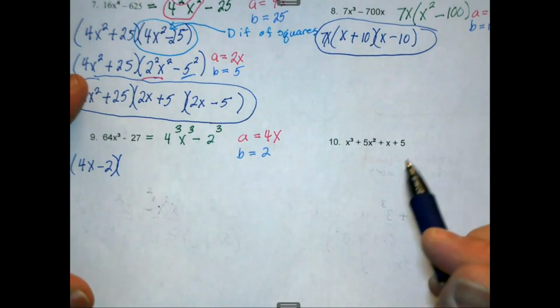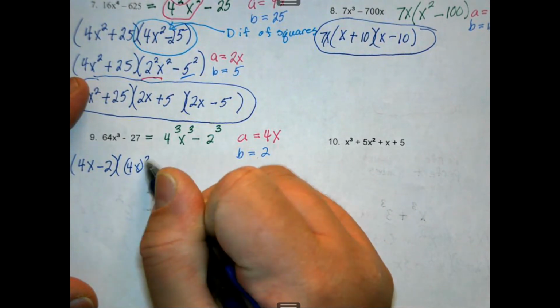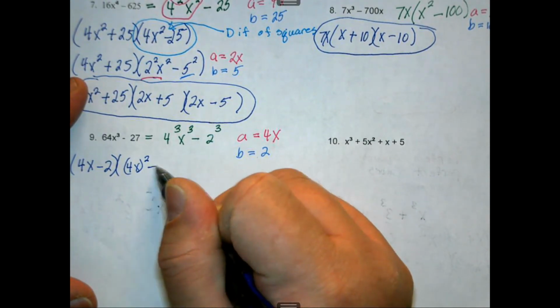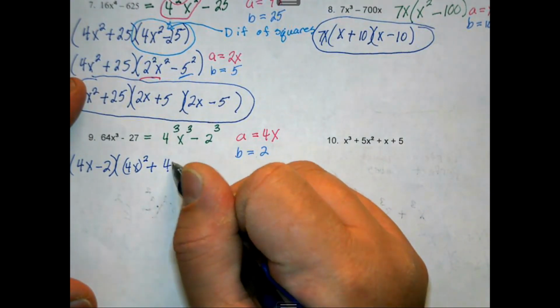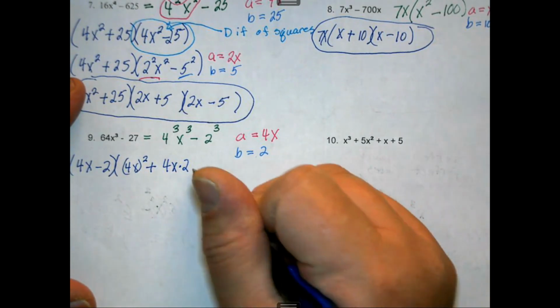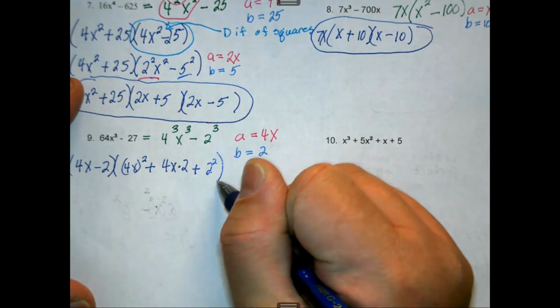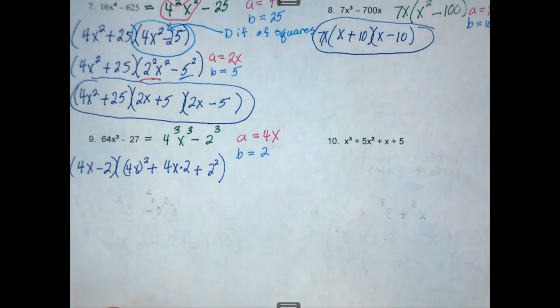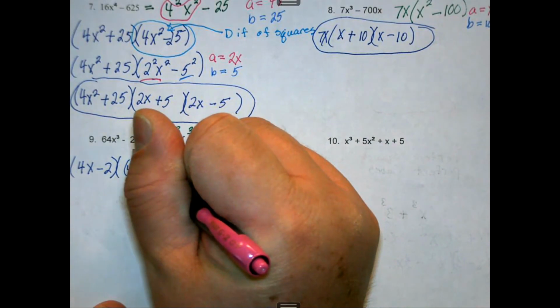And then I have a squared, so I have 4x squared, plus a times b, so 4x times b, which is 2, and then plus b squared, which is 2 squared. Remember, you have to distribute that 2 to both of them.